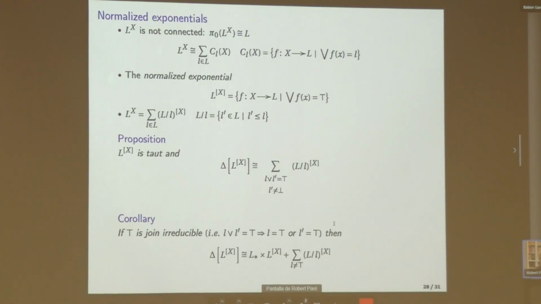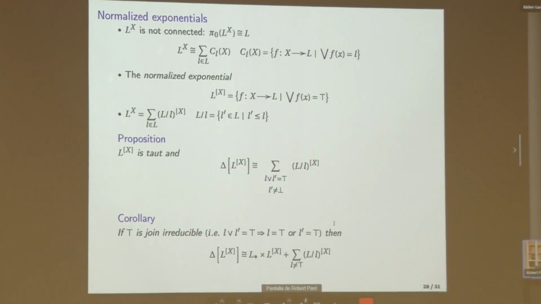It's a sum of these slice lattices to the x, taken over pairs L prime, for L prime not bottom, but whose join is the top. This is a funny condition, but if you think of the dual one, we'd just say that L and L prime are disjoint, so it's sort of co-disjoint, if you like. So this is the formula for the difference of the L to the brackets x.